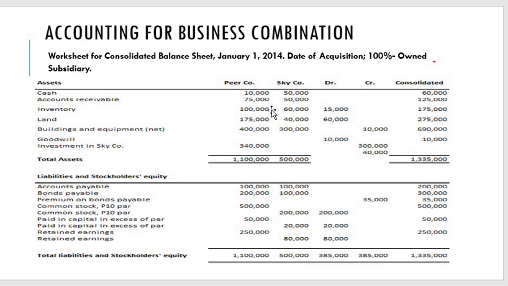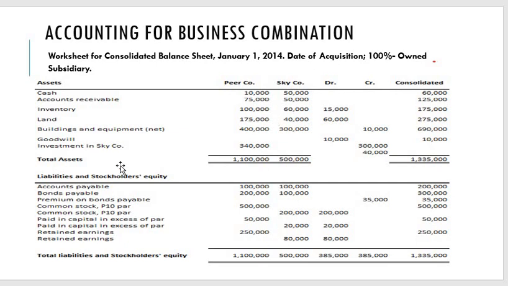First, the FS of Peer Company already reflects the acquisition, right? Because our entry was debit investment in Sky, credit cash. So our cash went from 350,000 to just 10,000 because the acquisition was 340,000. And also, we debited investment in Sky Company amounting to 340,000.